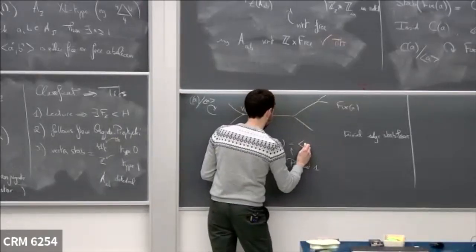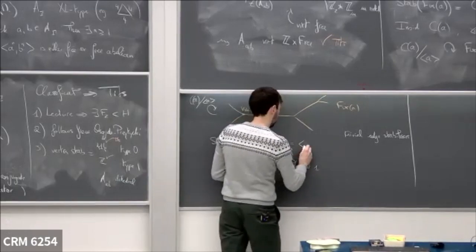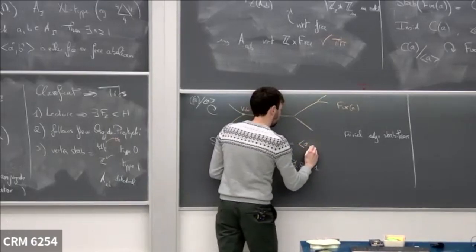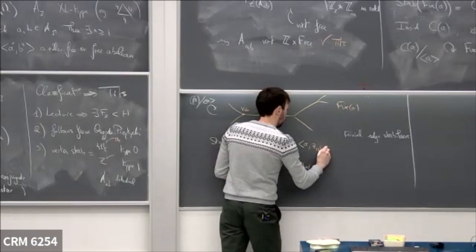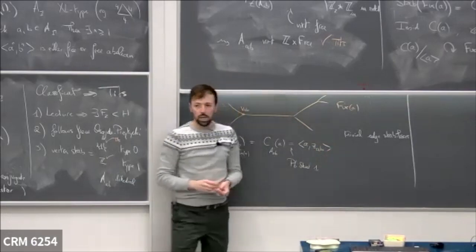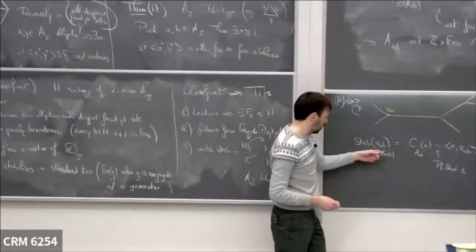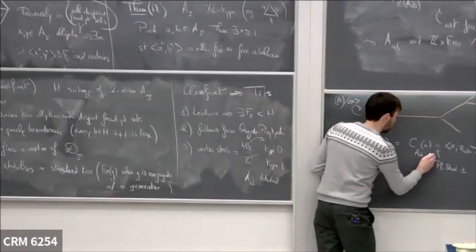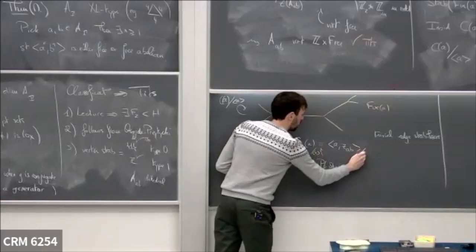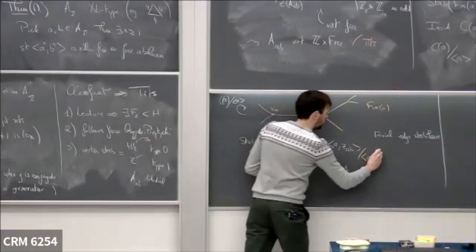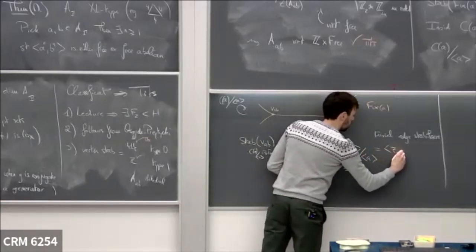This is exactly the subgroup generated by A itself and the central element of A_AB. So actually, since I'm looking at the action of the quotient, it's modulo A. So in particular, it's this thing.